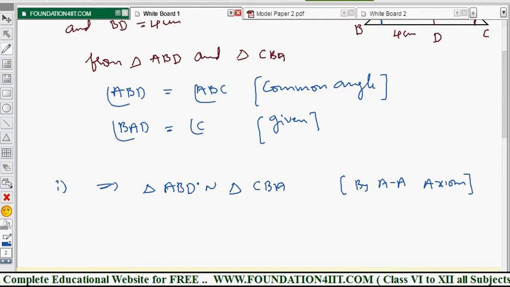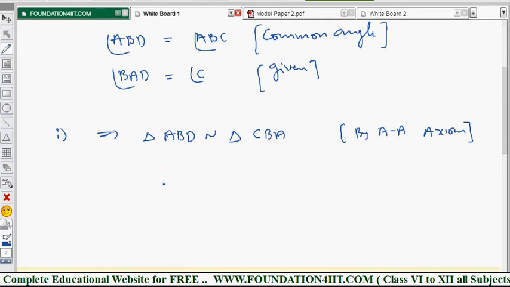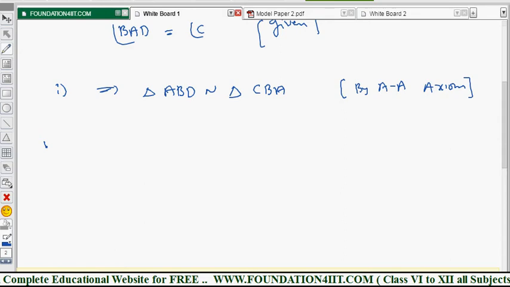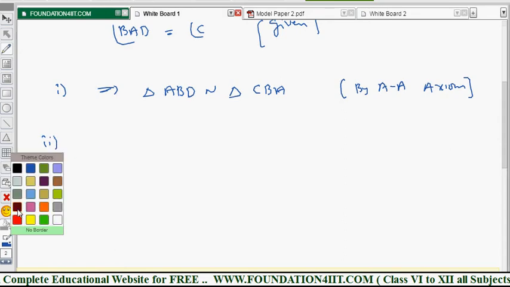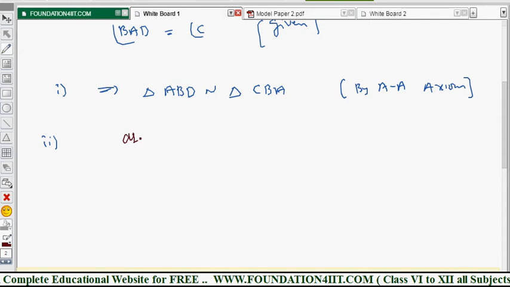Now whenever two triangles are similar, the ratio of the areas is the square of the corresponding sides. We know that. To prove the second one, area of triangle ABD by area of triangle CBA equals the squares of the corresponding sides.